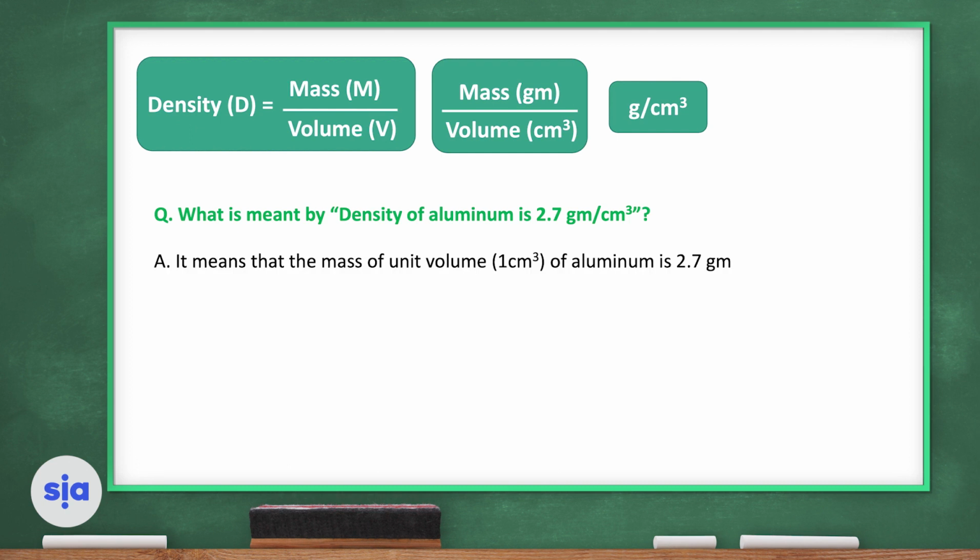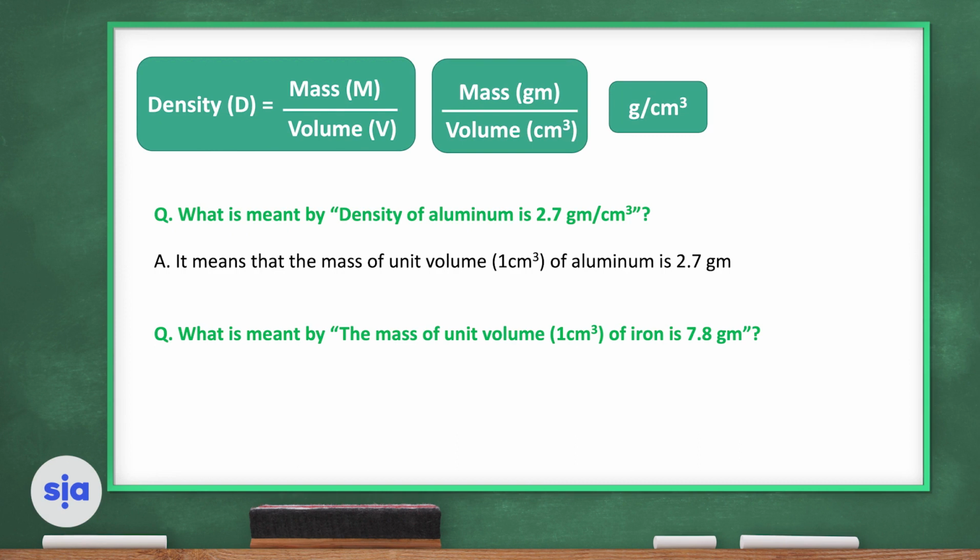It means that the mass of unit volume of 1 cubic centimeter of aluminum is 2.7 grams. This means that inside 1 cubic centimeter of aluminum, and this is called volume, there is 2.7 grams of aluminum as mass. So mass divided by volume.